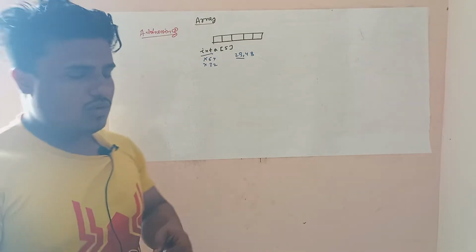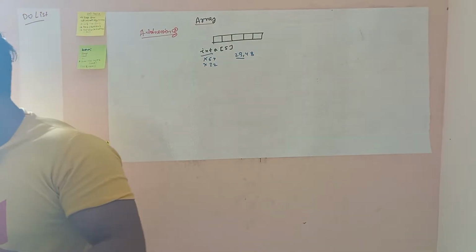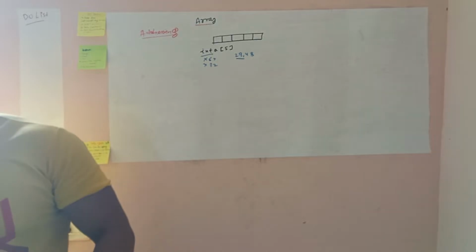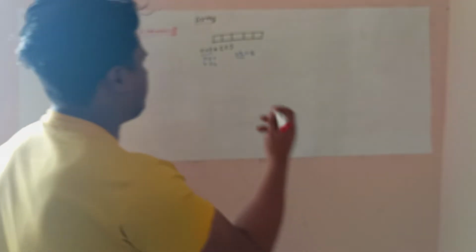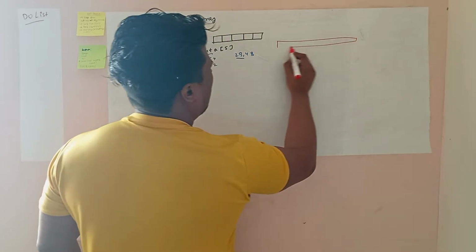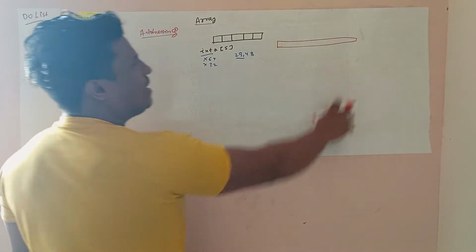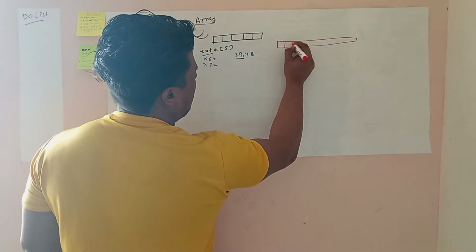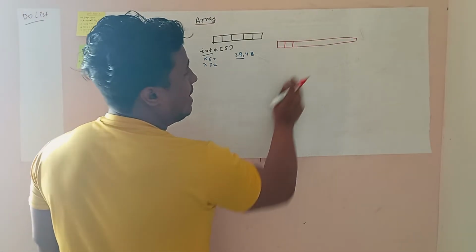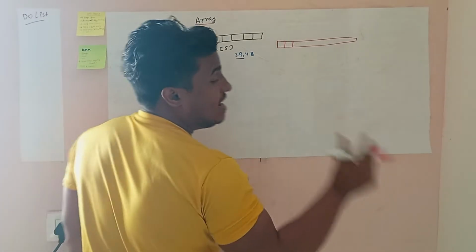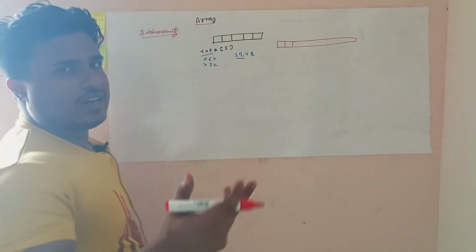Let me show you what this concept actually means from the basics. Suppose this is our memory, a continuous block of memory, and suppose each block is 1 byte. 1 byte means 8 bits, so each block can contain 8 bits of data. Let's assume that this is the standard size.